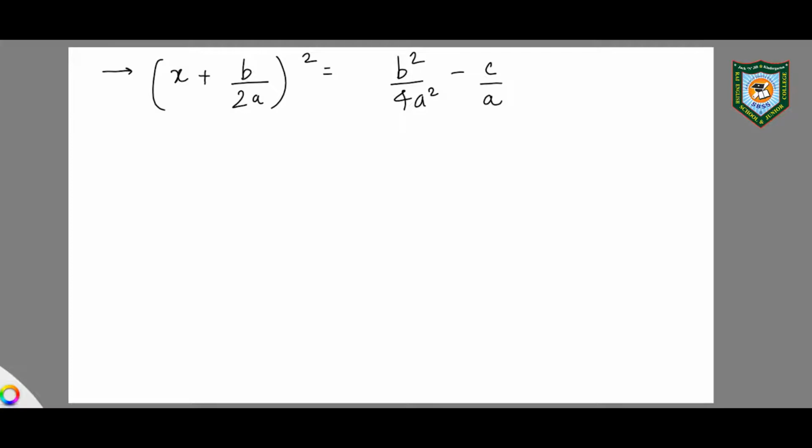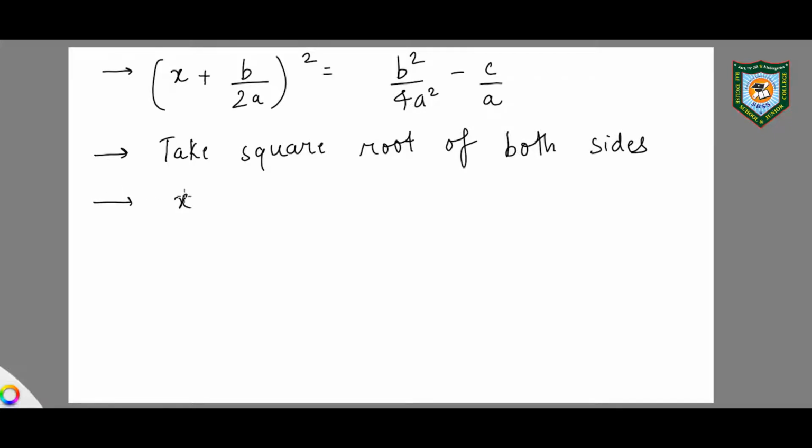Now, once I get this, all I have to do is under root the whole equation. So I'll take a square root. Once I take the square root, I'll get x plus b by 2a is equals to under root b square by 4a square minus c by a.